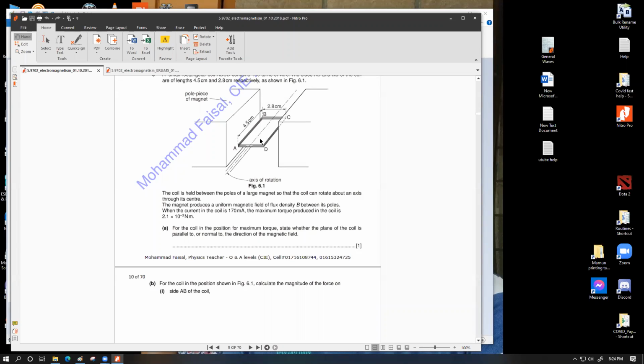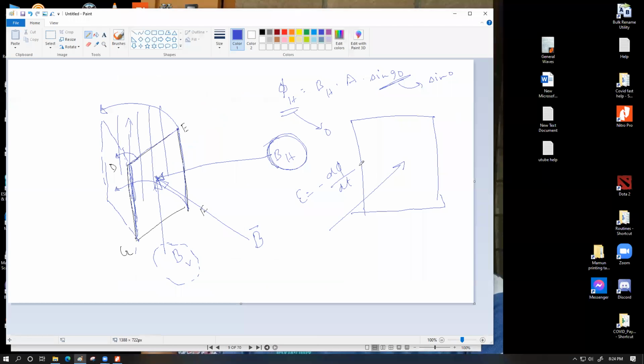That's not the case for this question, because when the window was closed, in the first position the flux linkage due to the vertical component was zero because it was parallel with the field, but the flux linkage for the horizontal component was maximum.